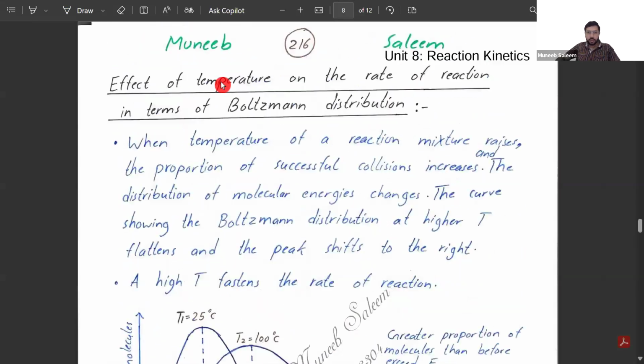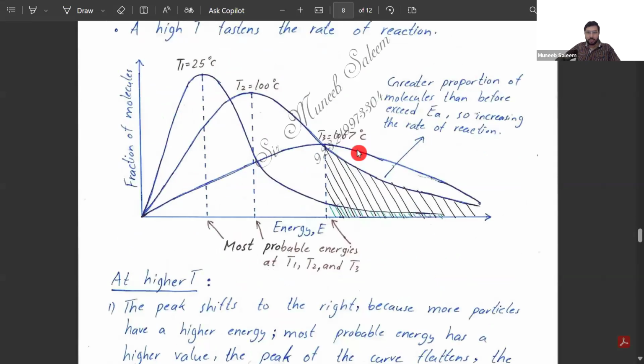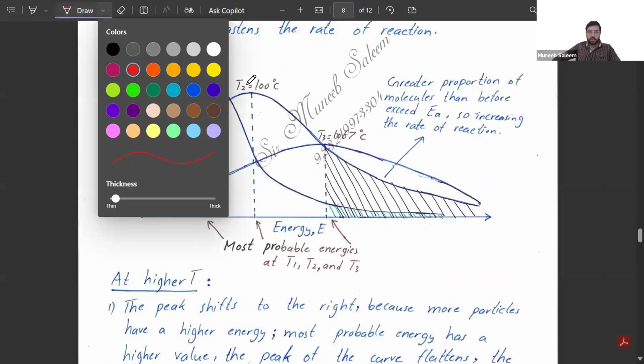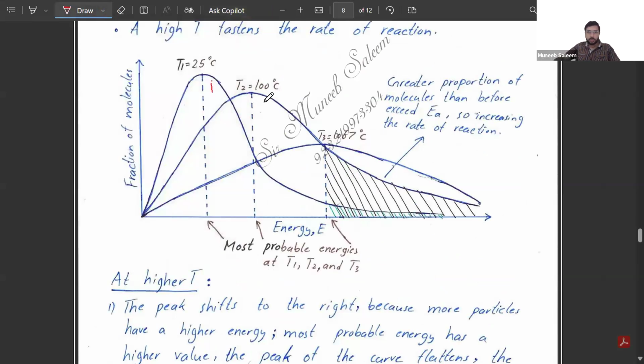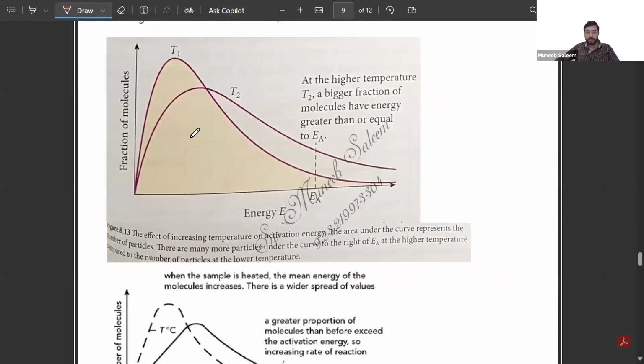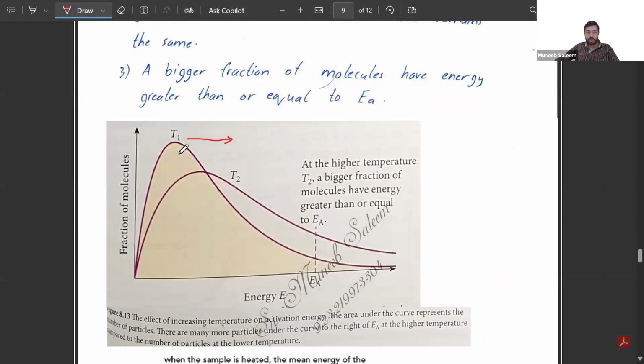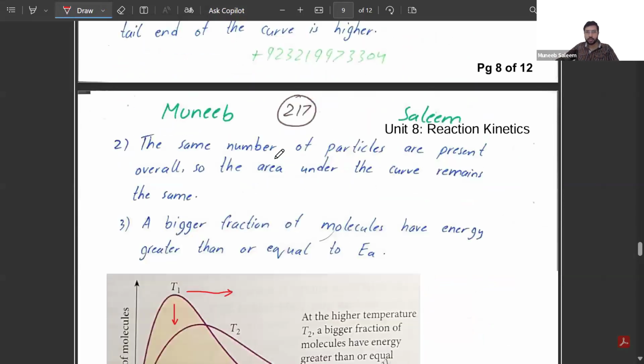From my notes, you can find that if we increase the temperature, then the curve moves to the right side and the peak moves downward. So the peak is moving downward, as well as shifting towards the right side. This is the change when we have a higher temperature, when we increase the temperature.